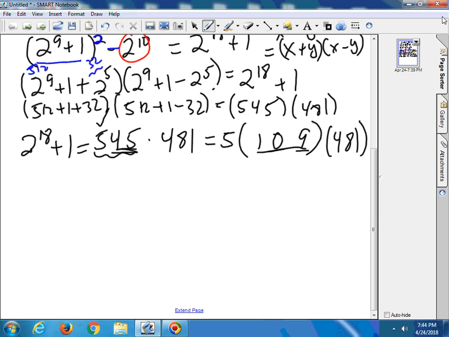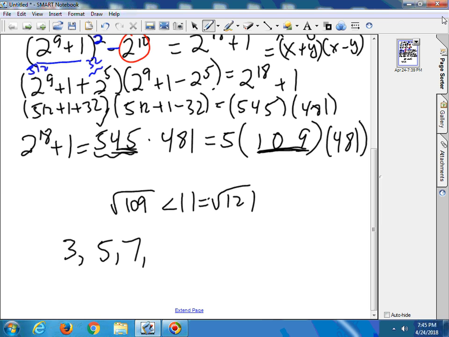Actually, let's check that now. The square root of 109 is less than 11, which is the square root of 121. We only have to check numbers up to 11 to see if they go into 109. And since 109 is an odd number, an even number won't go in, so we have to try 3, 5, 7, 9, and that's it.